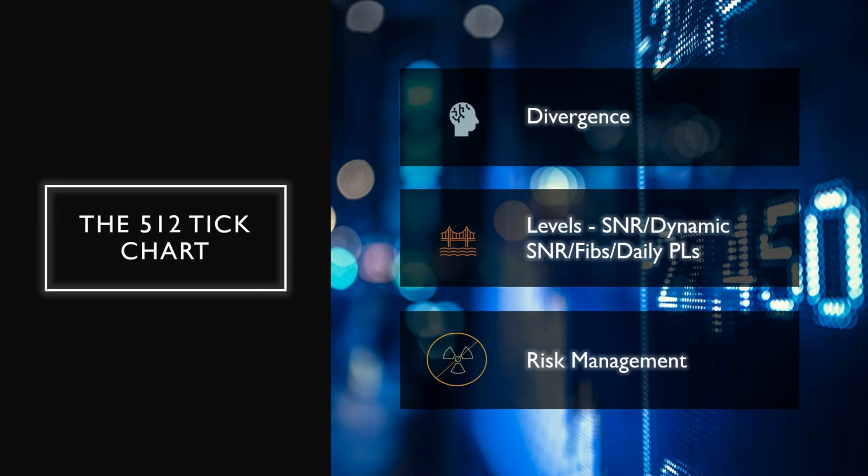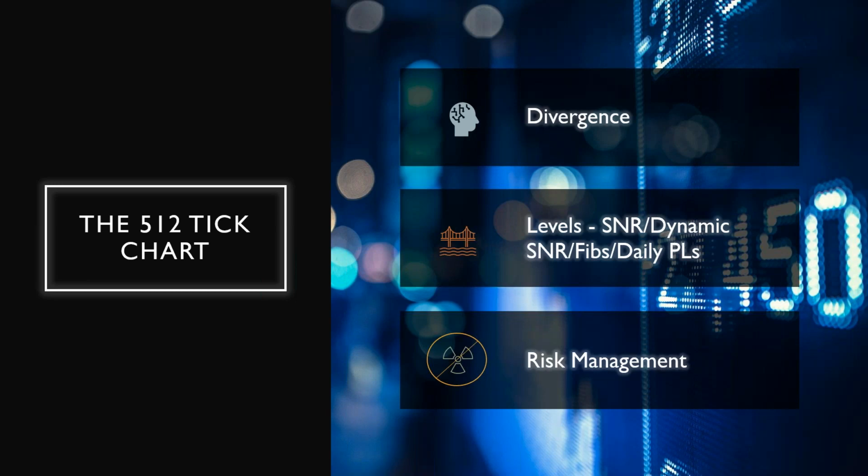So as a trader, you really have to find what works for you, right? And what I found was the 512 tick chart was just the perfect thing for my eyes, and I gravitated towards it, and from then, have been spending almost every day watching it.